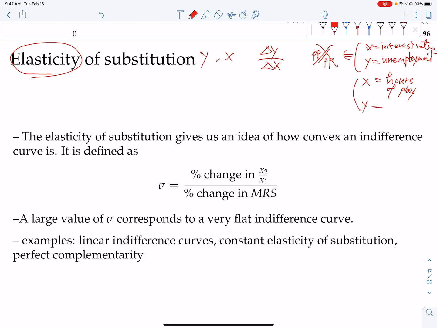So y is the dollar amount of the value of an item you get. In that case, the unit for delta y over delta x will be dollars per hour.